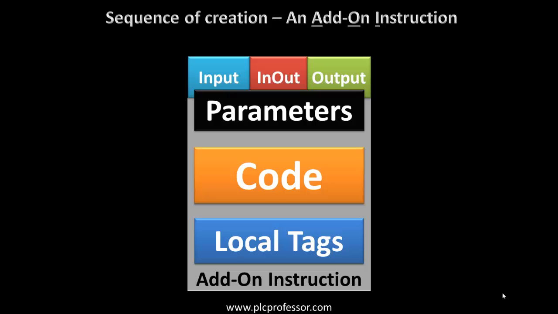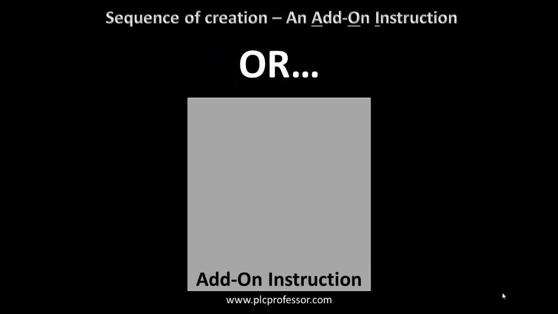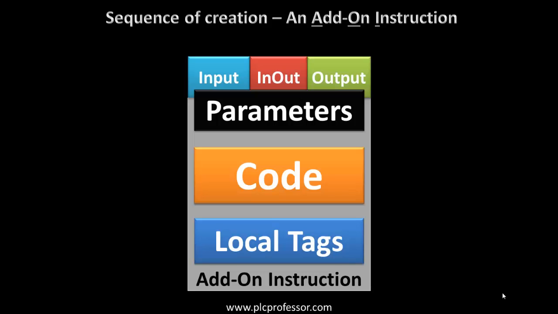Now let's back up one step. If this code is already written and tested, which it really should be, you can go ahead and create your local tags, then copy and paste the code into the add-on instruction. If you entered your local tags correctly and they match your code, it's probably a done deal.